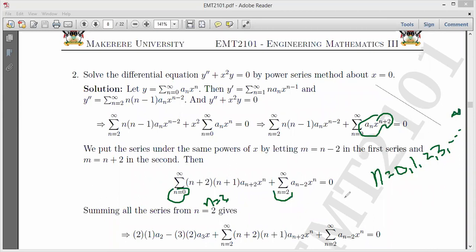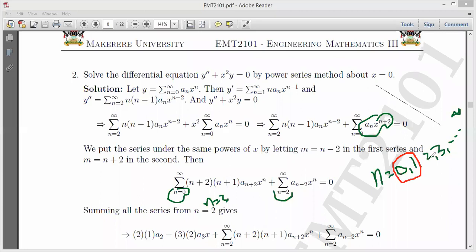Since n runs from 0, 1, 2 all the way, we can deal with only one thing. We can substitute for n. We can take these first two here, that is the 0 and the 1. Then we leave it to run from 2.